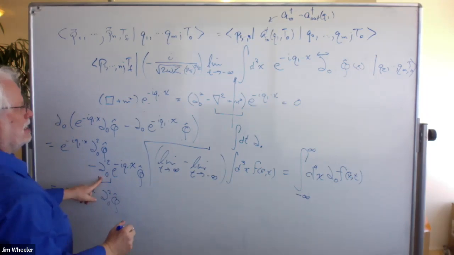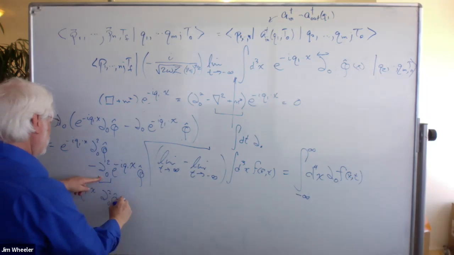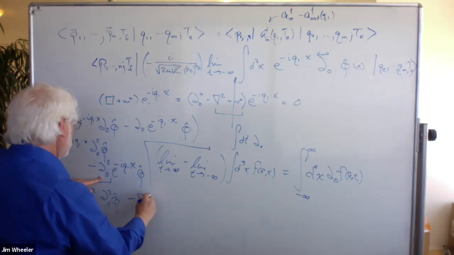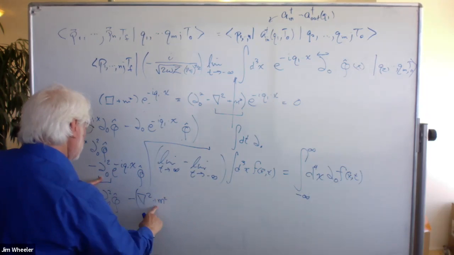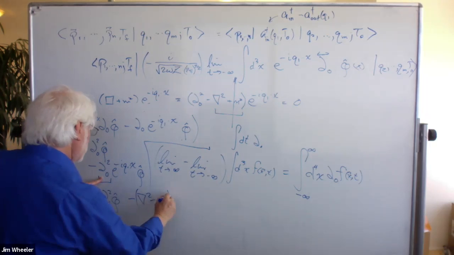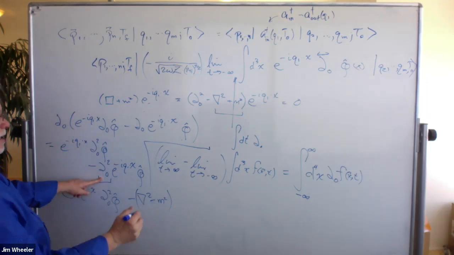Then, okay, minus D0 becomes minus del squared plus, well, let me write it this way: minus del squared minus m squared.